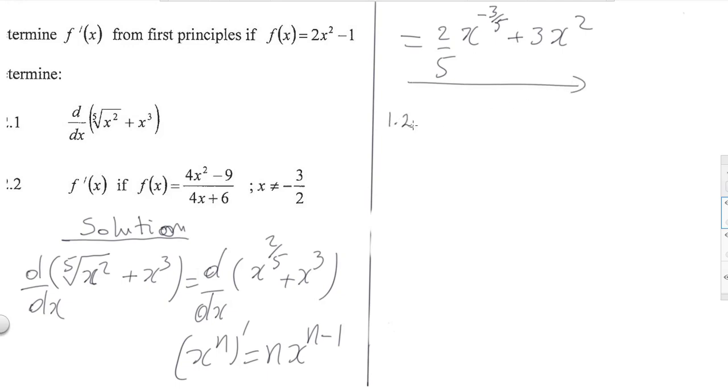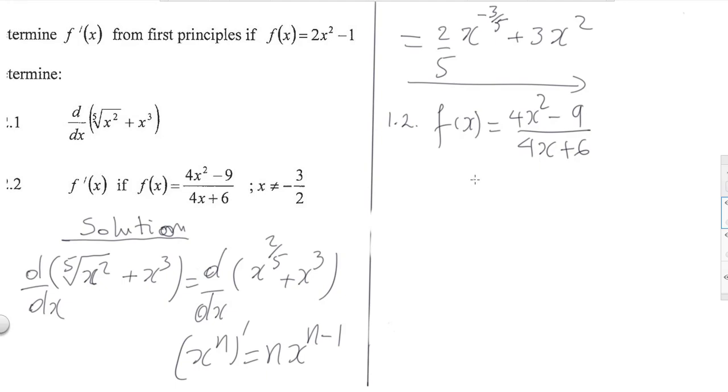Let's move to 1.2. This is f of x, which is given to us as 4x squared minus 9 all over 4x plus 6. So I think the first thing we'll do here, we need to look at this question carefully, otherwise we won't make it, okay?